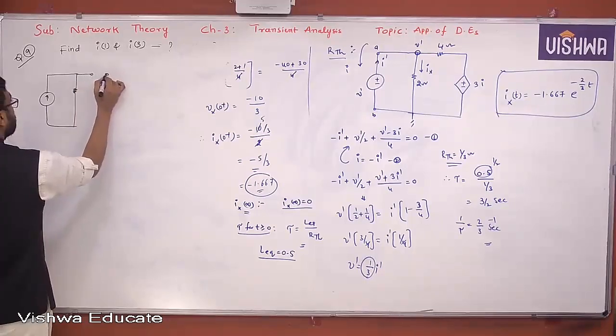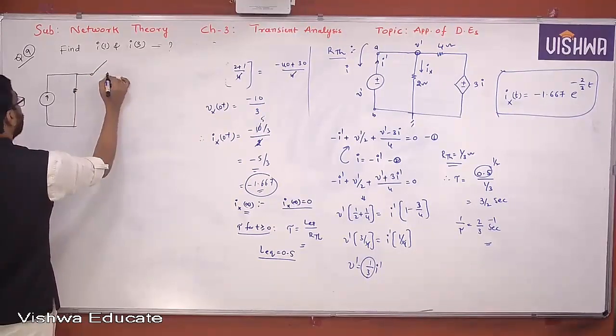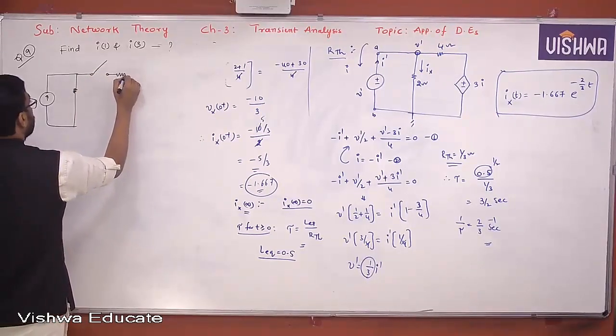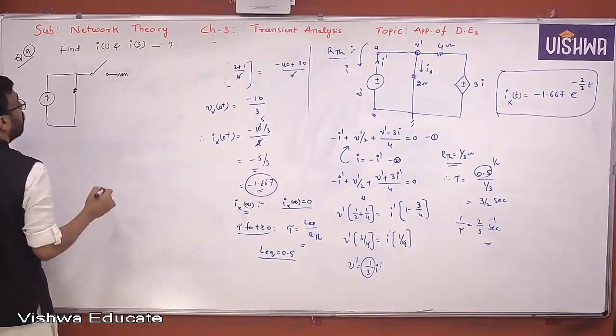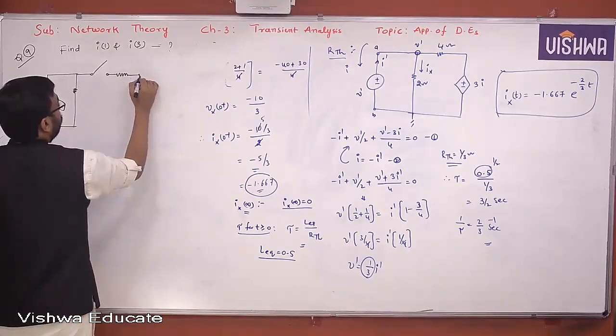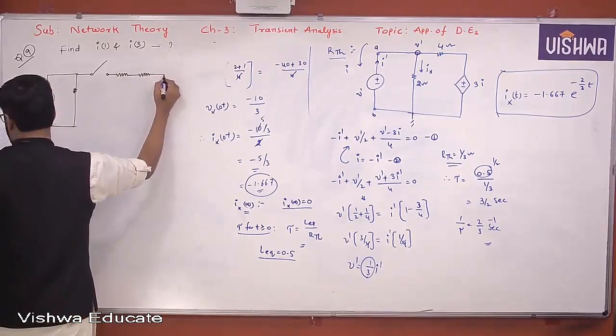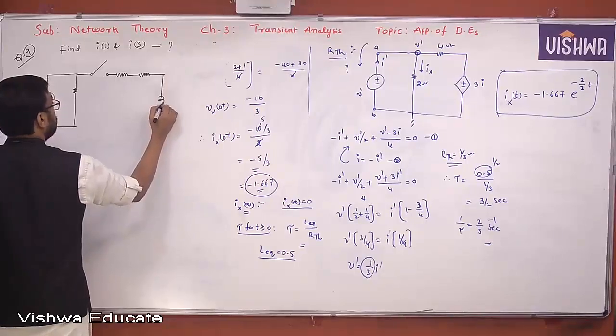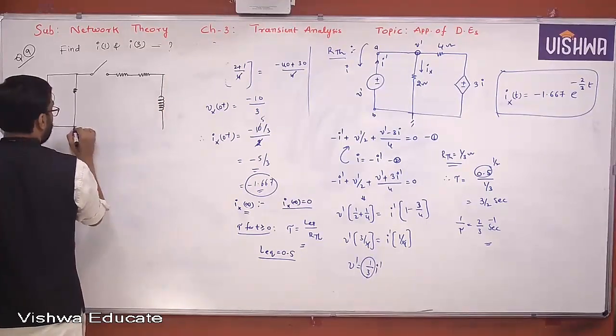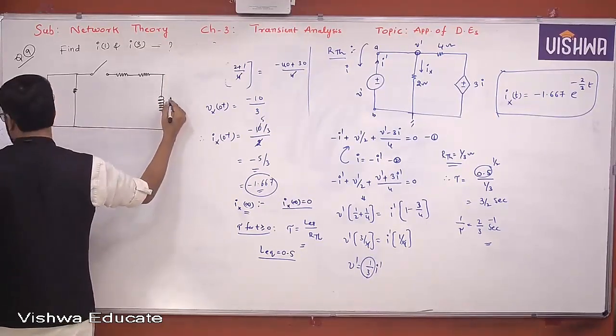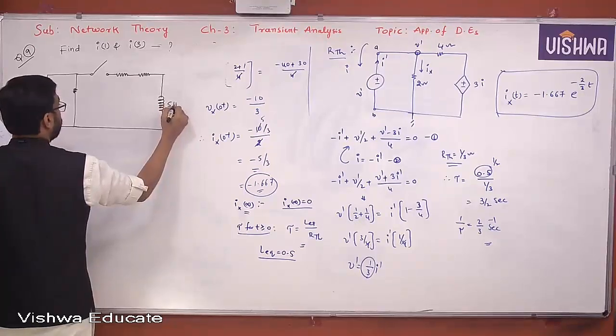So one must be good at visualization of the network for t equal to 0 minus, drawing the equivalent for t equal to 0 plus, and also visualization of the network at t equal to infinity, without wasting too much time in the exam.